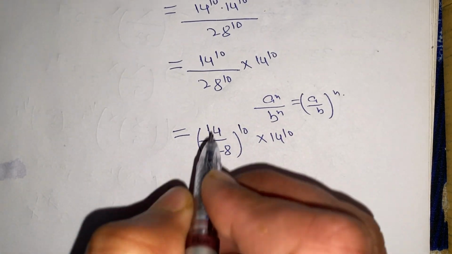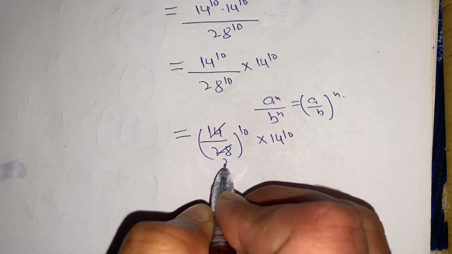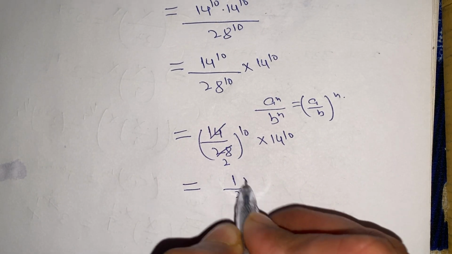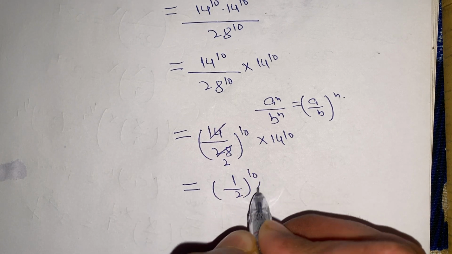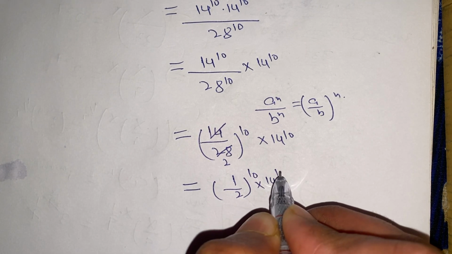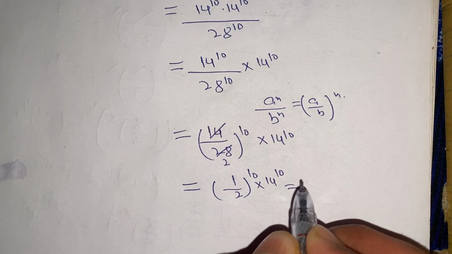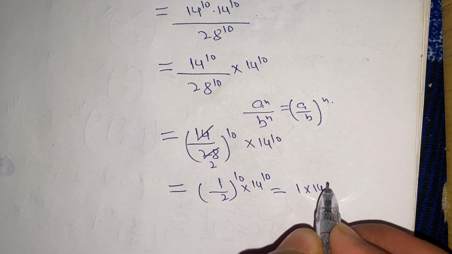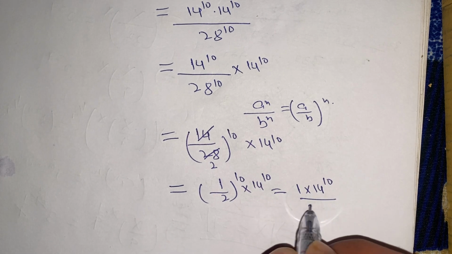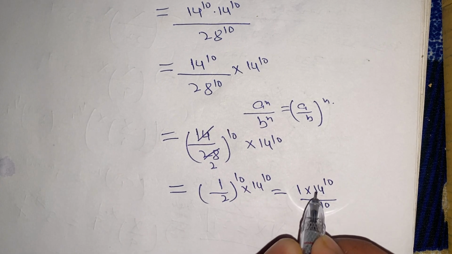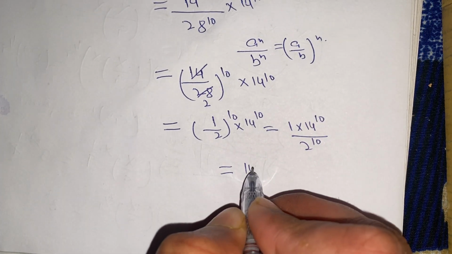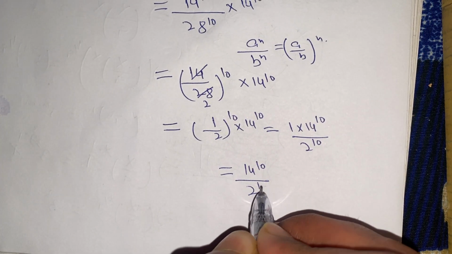Now we can write it as 14 times 2 becomes 28, which implies 1 over 2 whole power of 10 times 14 power of 10. It is equal to, we can write it as 1 times 14 power 10 over 2 power of 10. Now 14 power 10 times 1 becomes 14 power of 10 over 2 power of 10.